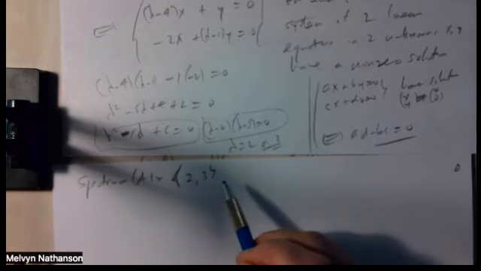And in fact, for both 2 and 3, the set of equations has a non-zero solution. So this tells us that the spectrum of the matrix A has 2 eigenvalues, 2 and 3.